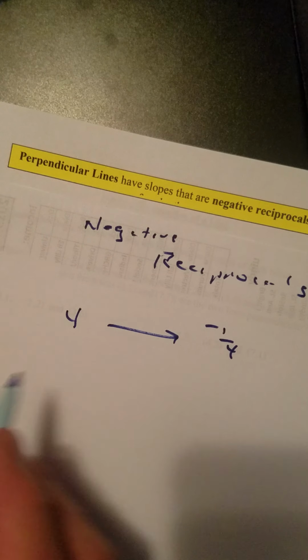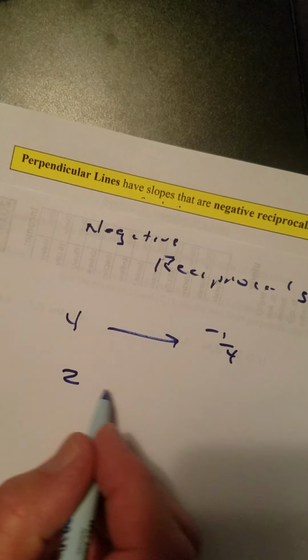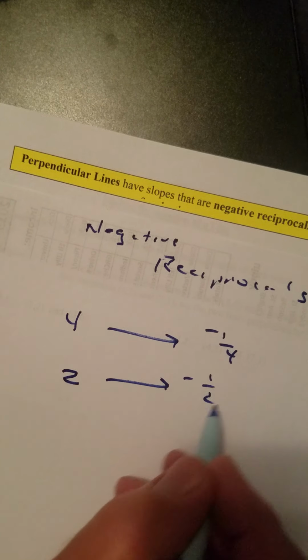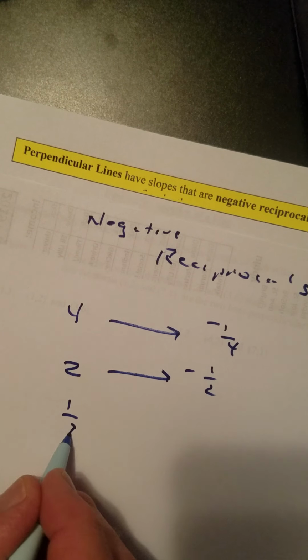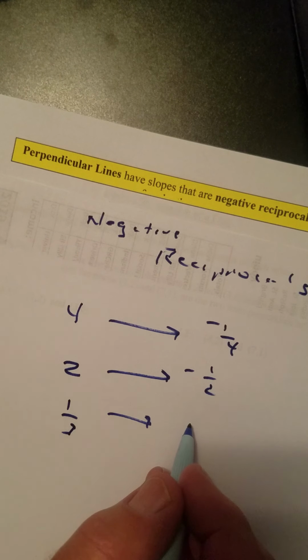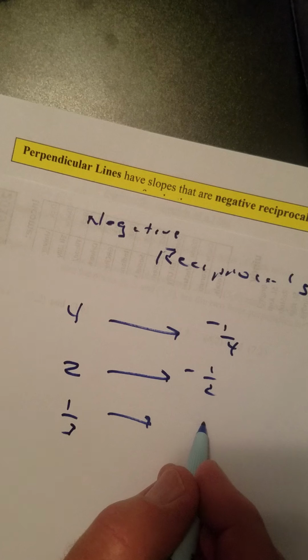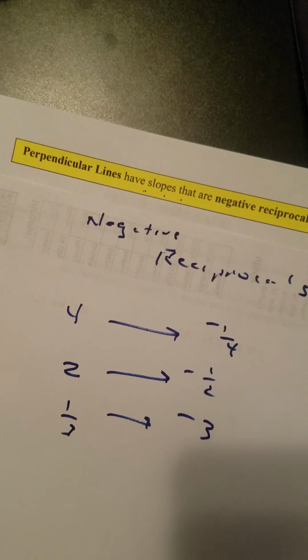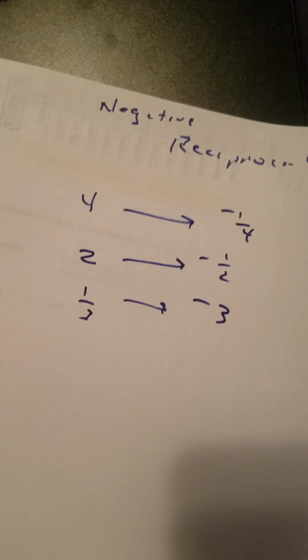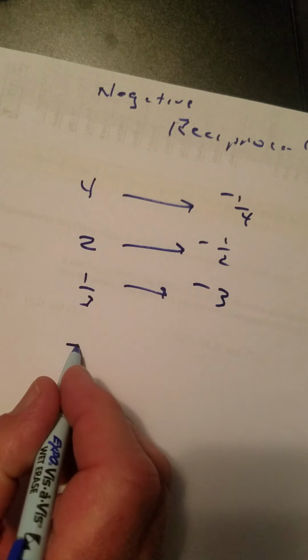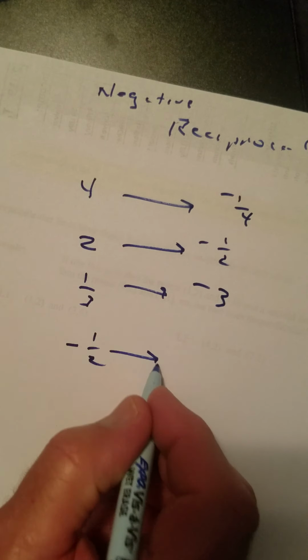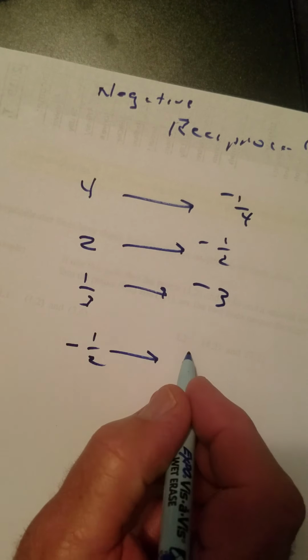These are always opposite in sign. If this is 2, that's -1/2. If this is 1/3, then when I flip that over, that becomes 3 over 1, or 3. That's positive, this one's negative. If this was -1/2, the negative reciprocal, we flip it over, that's 2 over 1, and it's positive.